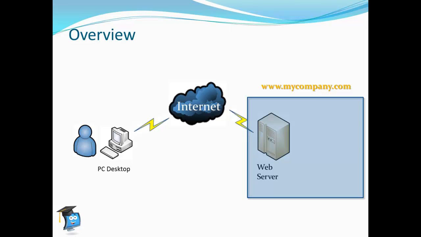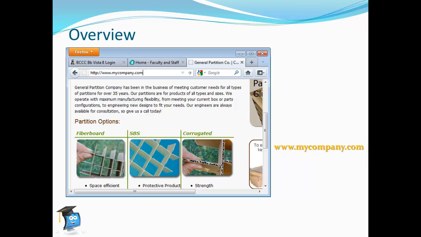Alright, understanding the components, let's move on. In order to access a web page or a website, the first thing that you need on your desktop, laptop, or computer system is an internet browser, a program that allows you to access systems that are out on the internet. In this particular case, we're using the internet browser Firefox.